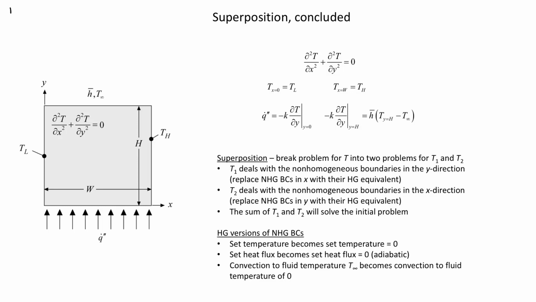If we make that substitution, then we have a case where the boundary conditions in one of the directions, the x direction in our example, became homogeneous because the temperature went to 0 relative to the reference temperature. And then on the other hand, we had convection, and that was relative to 0 as well, right? The 0 temperature.